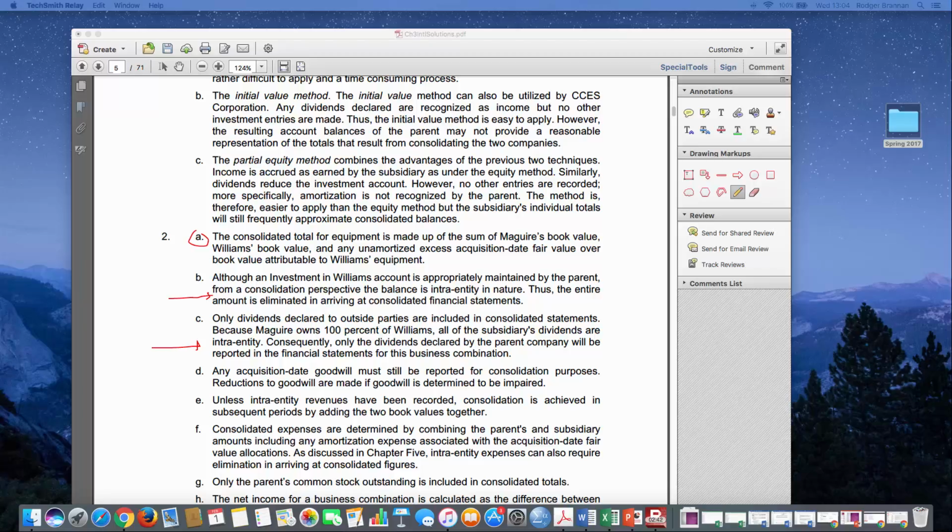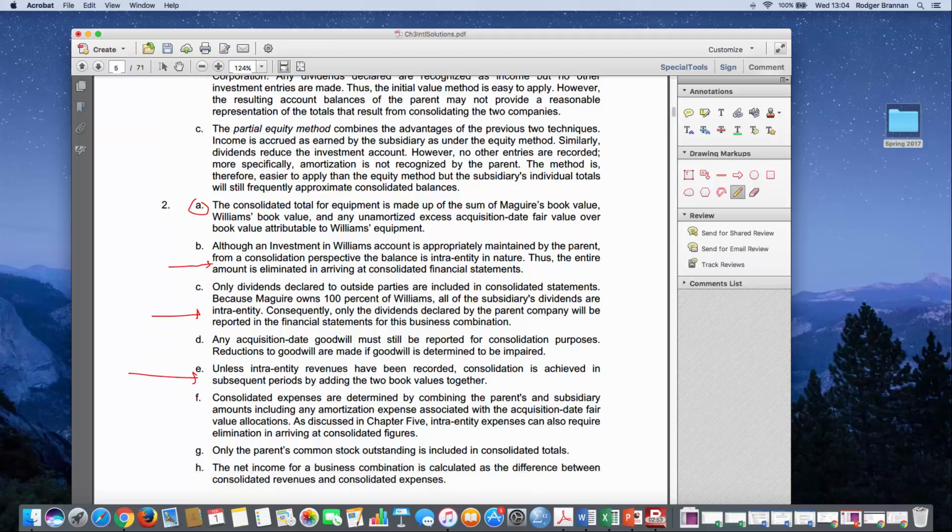E is looking at revenues. Well, revenues are simply added across, both the parent and the subsidiary. No adjustment is made to revenues; they are simply added across. Expenses of the consolidated entity are like revenues.